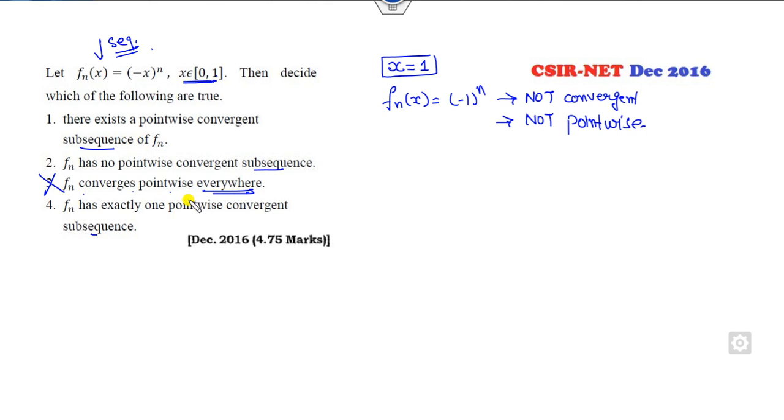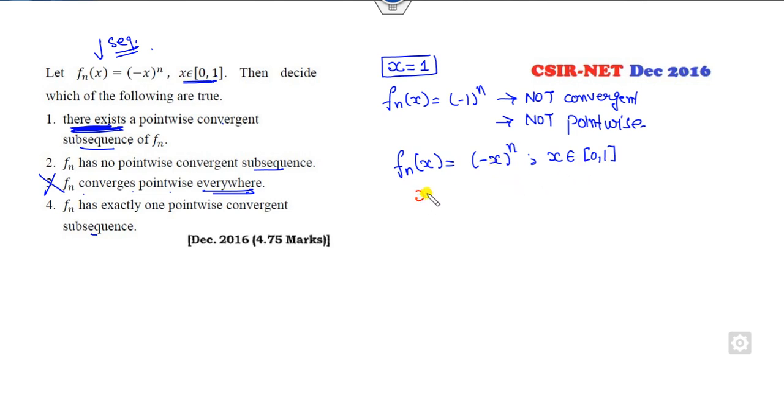Now the rest of the options are talking about subsequences. I think again it is very simple. Firstly, there exists, not for all, there exists a pointwise convergent subsequence of this. So your target is basically to choose a subsequence from [0, 1] so that the limit will be unique.